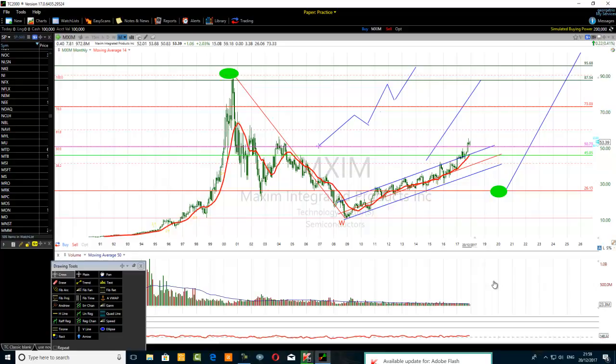The 4th example of a corrective wave is what we call the combination, a combination of different types of corrective waves, either a flat and a zigzag, with an X wave in between, or a triangle, a zigzag, or a flat correction. So those are the 4 types of specific corrective wave.